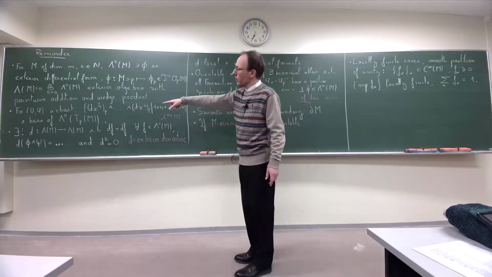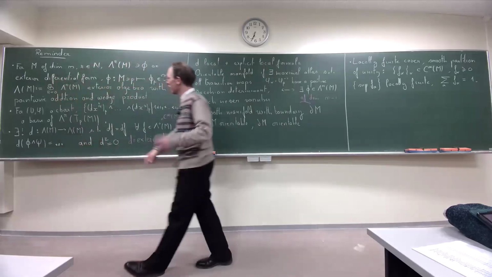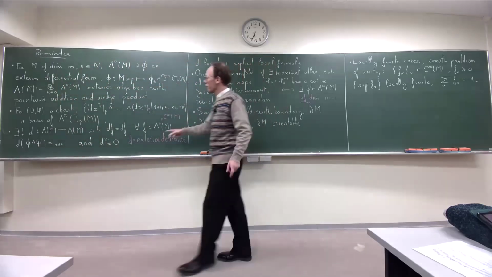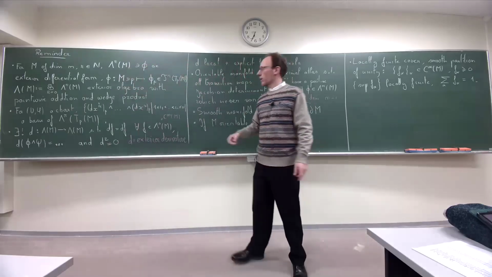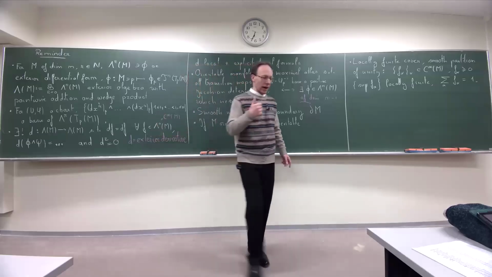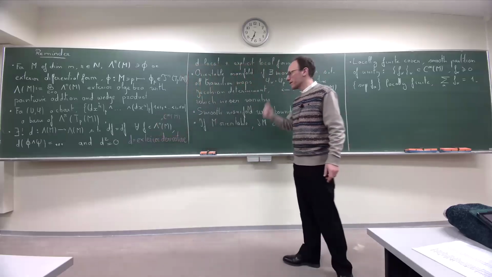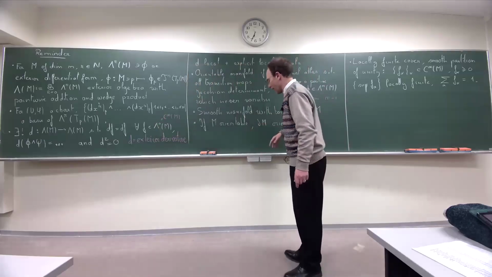Then it has a formula for any product of two tensor fields. I won't recall it, but we have seen a formula. And the very important point is if you apply it 2 times, you have 0. In fact, this will become clearer today when we have a generalization of Green's theorem, Stokes' theorem, and the divergence theorem.